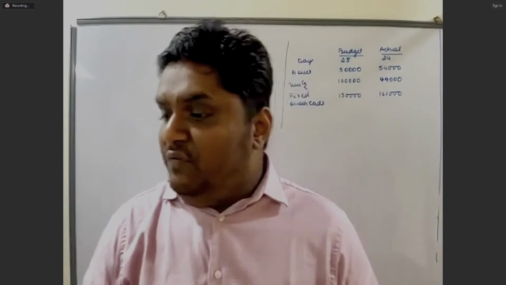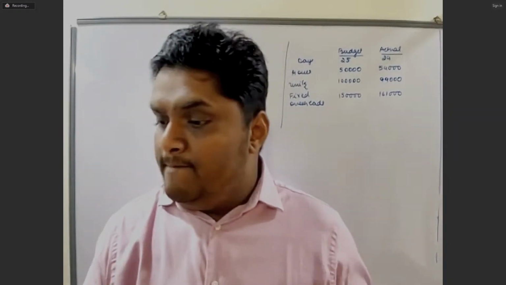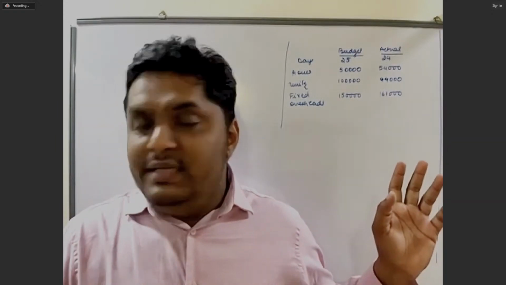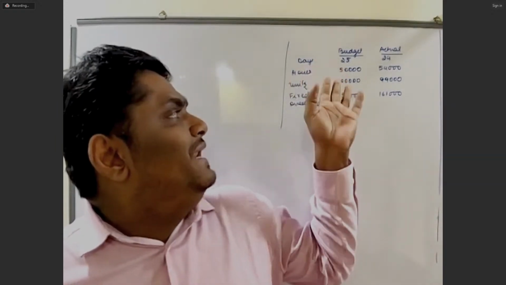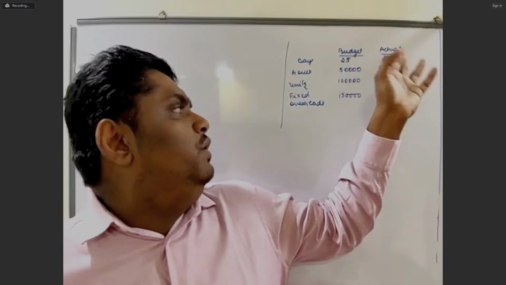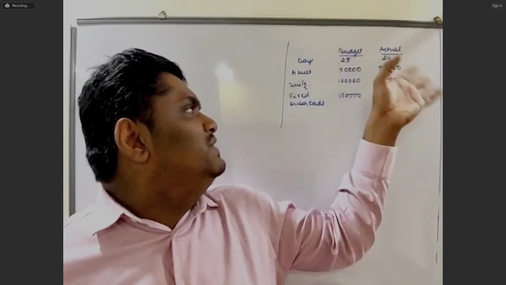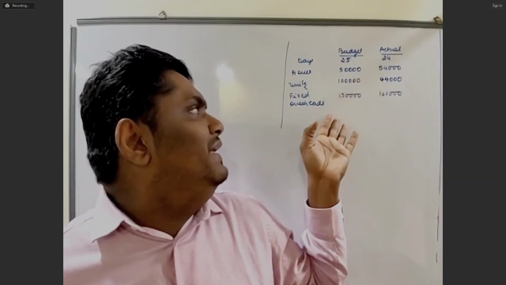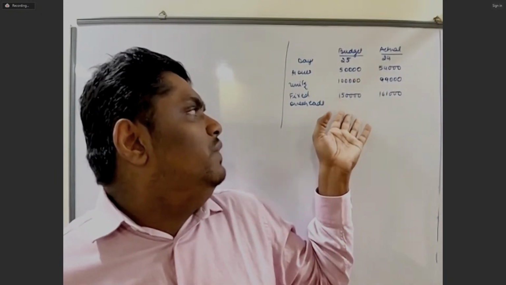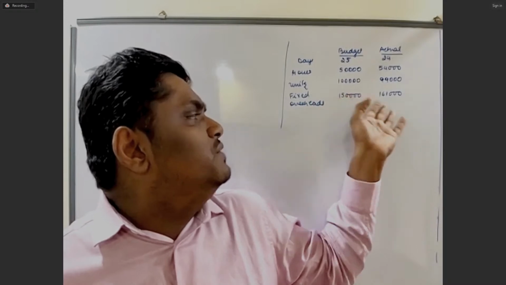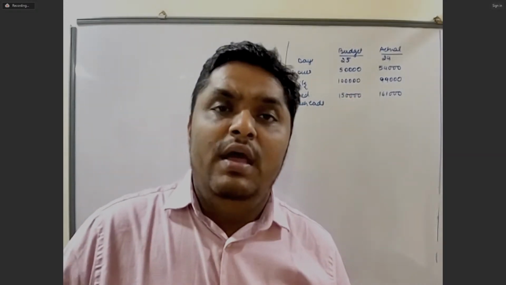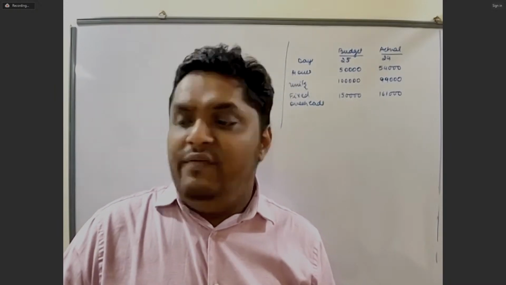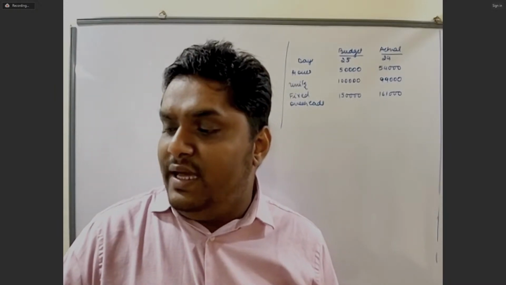So this is the question for you guys. This is the question for you wherein days are given, that is 25 and 24. Hours are given, 50,000 and 54,000. Units are given, that is 1,99,000. And fixed overheads are given, that is 1,50,000 and 1,61,000. I request you guys to please calculate all the fixed overhead variances. So waiting for your answers, guys.